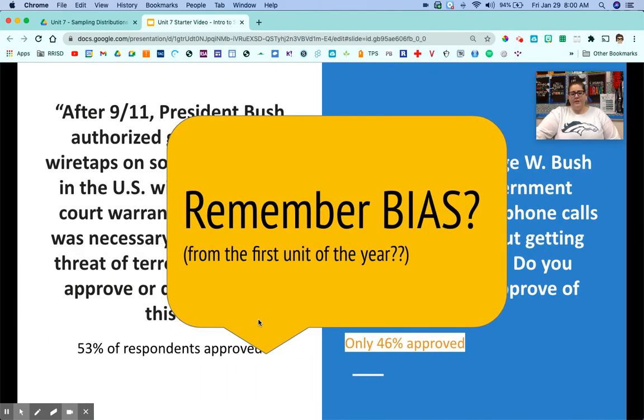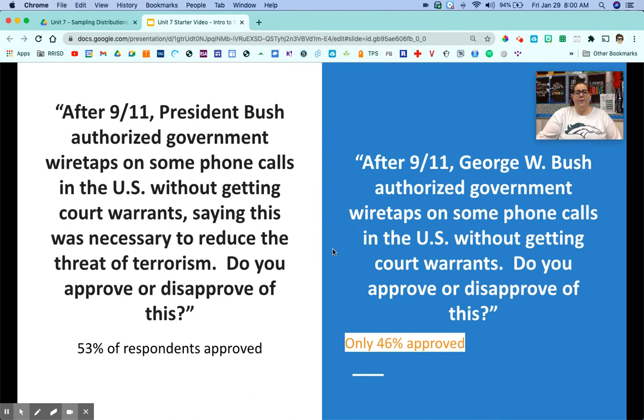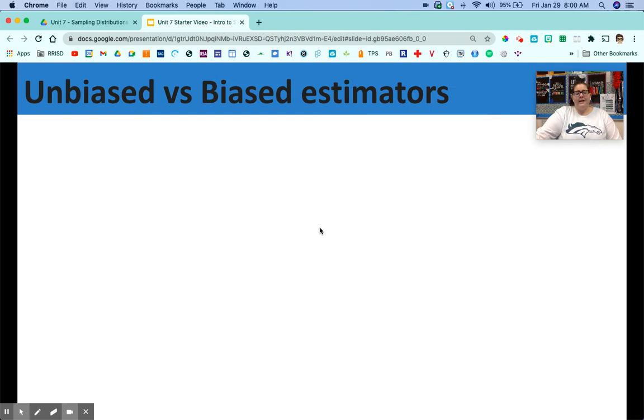The other thing I wanted to mention, just something to keep in mind, we talked about bias a lot at the beginning of the year and how bias affects samples. This is just one example of bias. This is an example of bias more in the wording of a question, but we can also have bias in the way that we take a sample. Either way, if there's bias in our sample or in our sampling method, that's going to affect our sampling distribution as well.